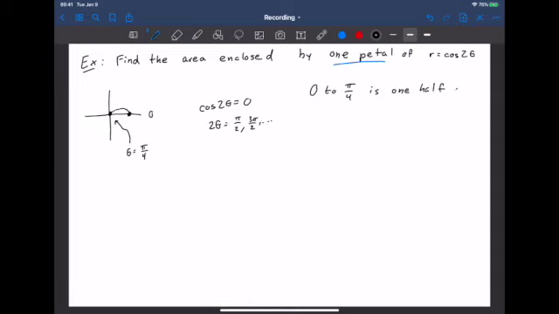And this is what I mean when I say we're going to use symmetry. If 0 to pi over 4 is 1/2 of the petal, we should use symmetry to talk about the whole petal. If you want to see a full picture of it, you would get a nice rotation in the next quadrant.